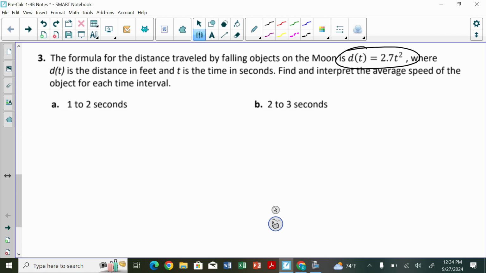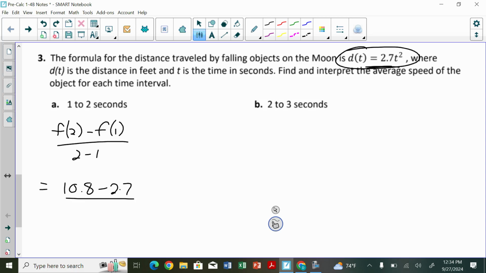So basically we're using that same formula, going f of 2 minus f of 1 over that interval, 2 minus 1. I can do it all at once, so I'm going to do that for you here. If you plug 2 into this function, you get 10.8, and then f of 1 is going to be 2.7.